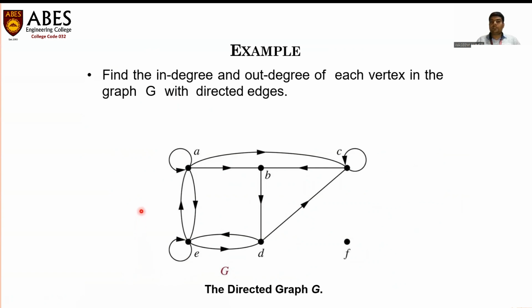So this is a graph having some vertices A, B, C, D, E, and F. The graph G has these vertices. So vertex A has in degree 1 and in degree this is 1. So total in degree is 2 and out degree is 3, right?